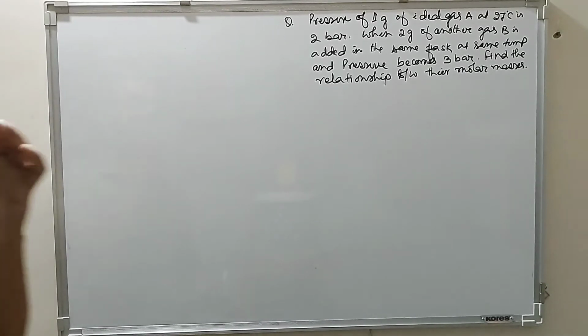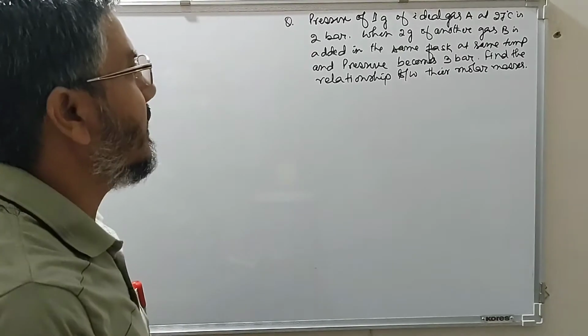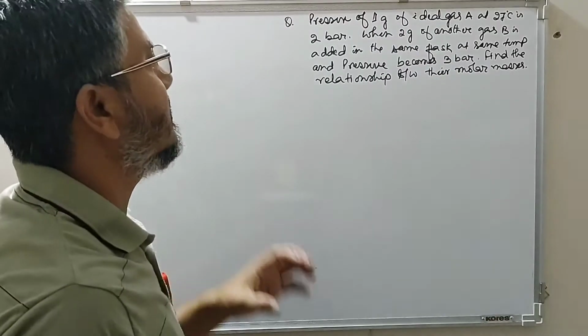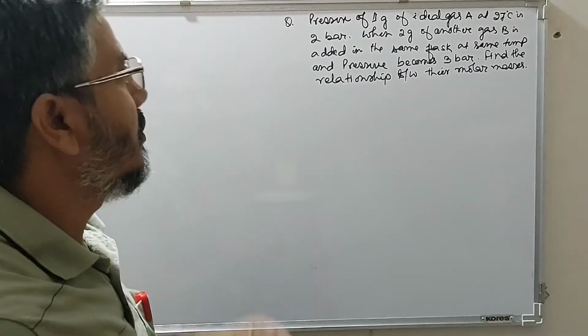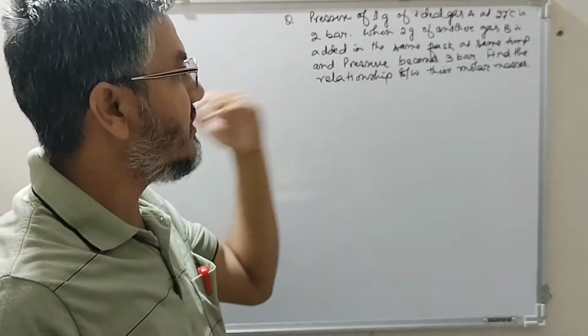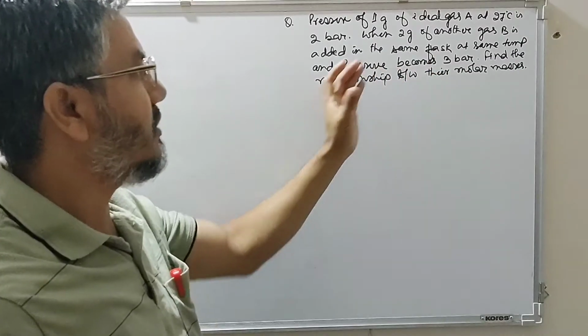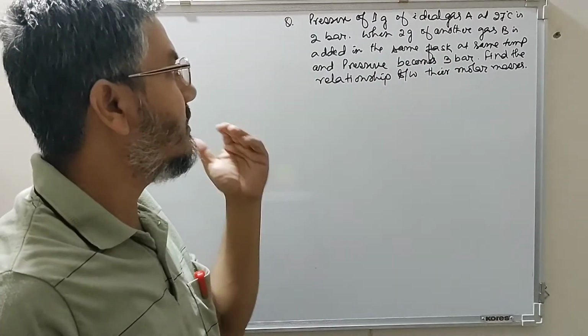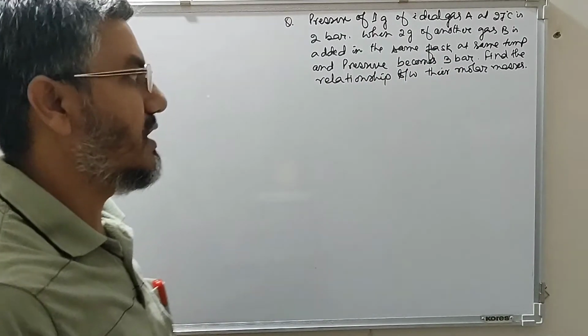So look at this question. The pressure of 1 gram of an ideal gas A at 27 degrees centigrade is 2 bar. When 2 gram of another gas B is added in the same flask at the same temperature, the pressure becomes 3 bar. Find the relationship between their molar mass.